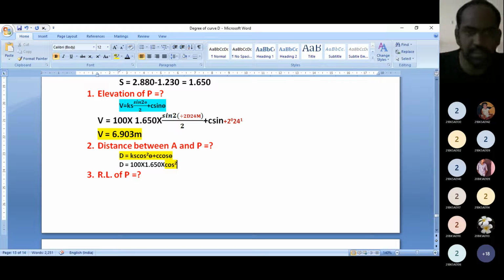What is theta here? 2 degrees 24 minutes, plus C, which means 0. So C is 0, 0 into cos 2 degrees 24 minutes.